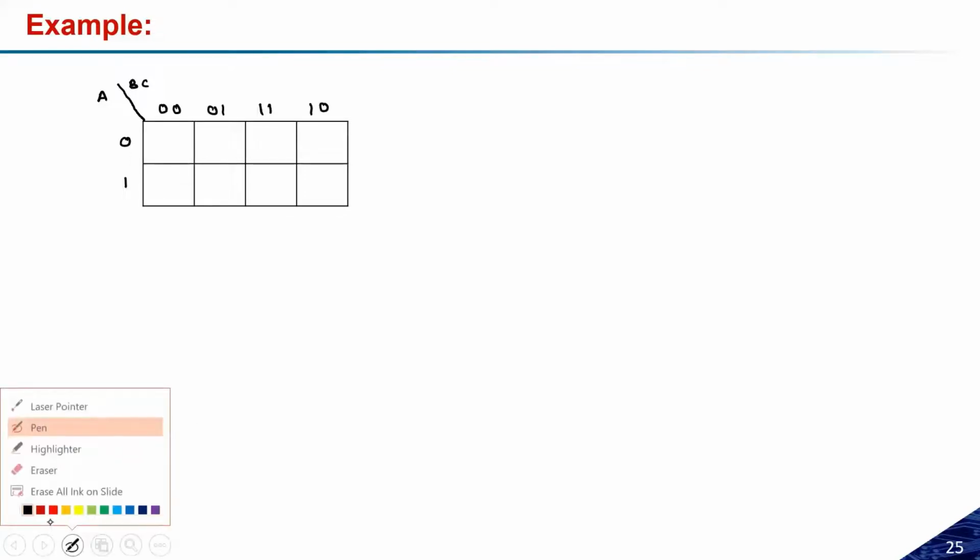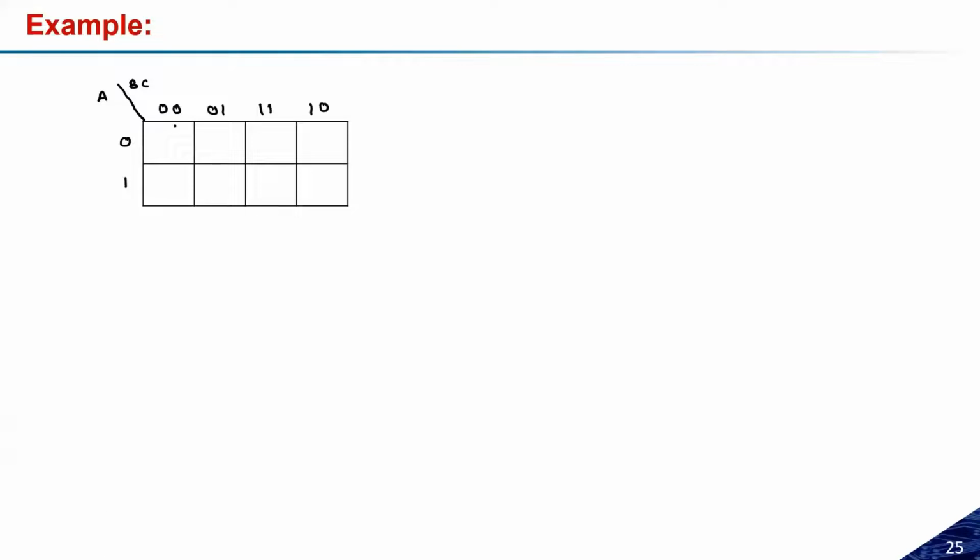And I have some ones given here, something like this. So it means that I'm considering 0, 1, 2, 3, 4, 5, 6, and 7.